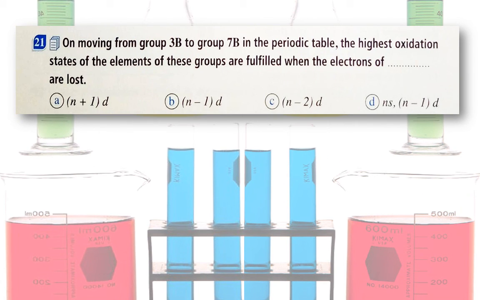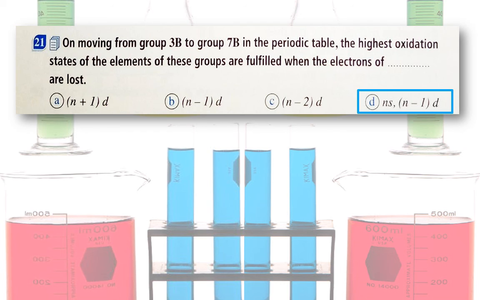Question number 21, on moving from group 3B to group 7B in the periodic table, the highest oxidation state of the elements of these groups is fulfilled when electrons of what are lost? It depends on what? We depend on here the number of electrons in the d orbital.